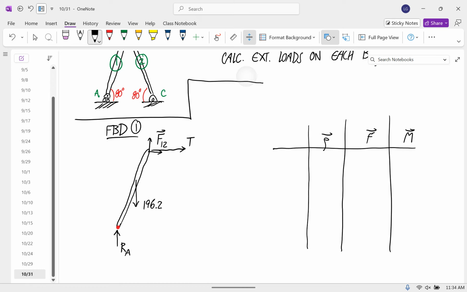I'll start with RA. That's at the about point, so the row vector is 0. The force is 0, RA. Cross product is 0. Then the weight: the row vector is 0.174, 0.985.